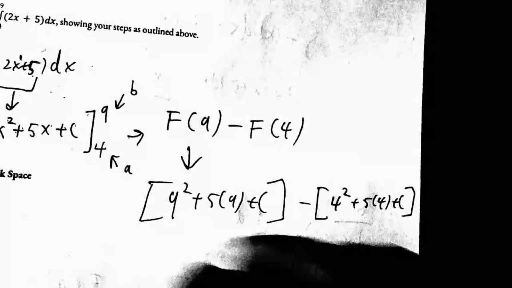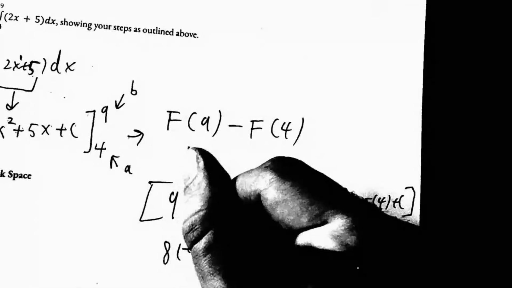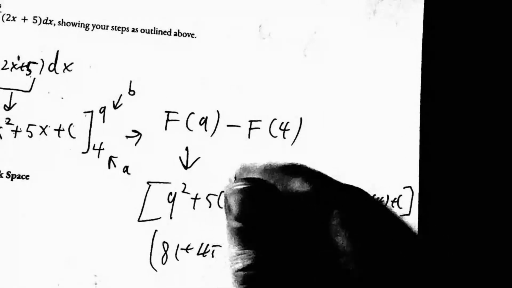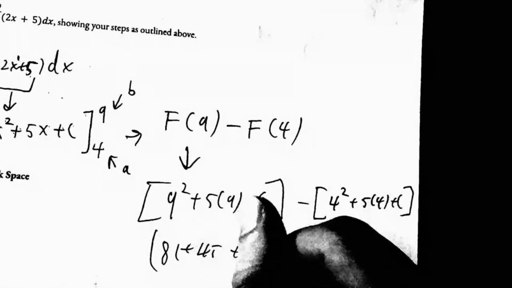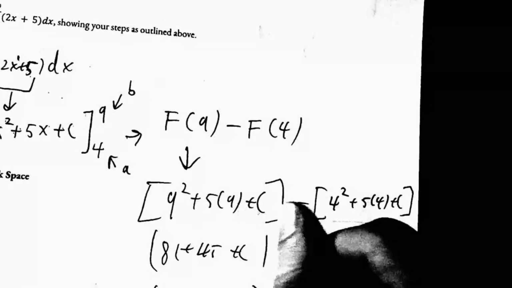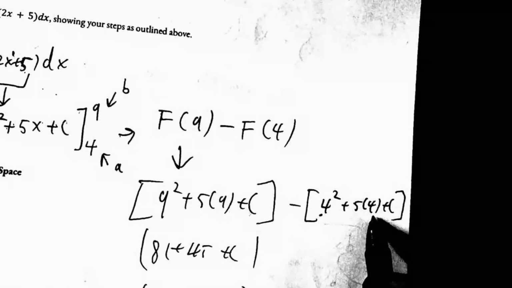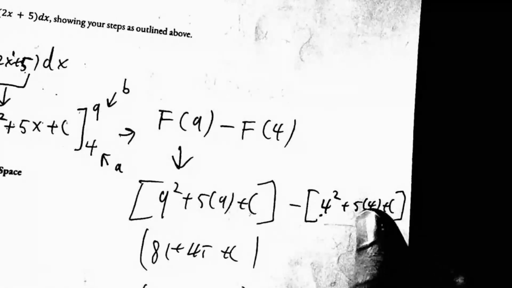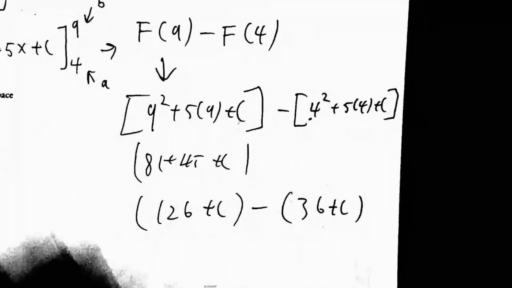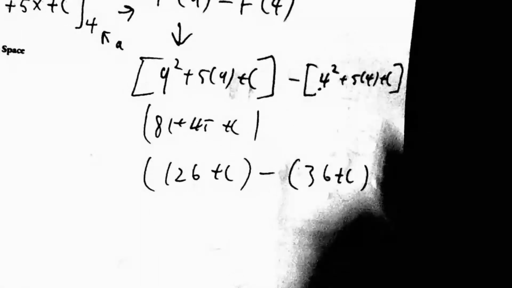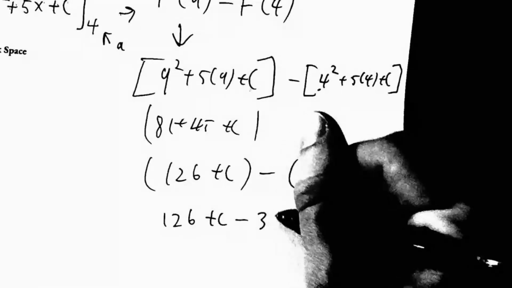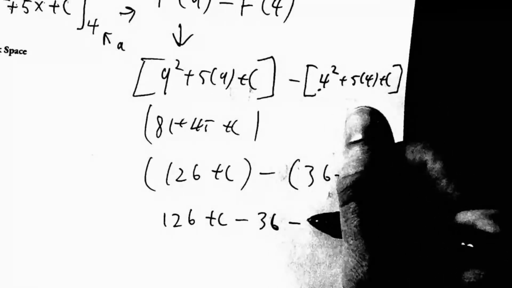So let's see, this is 81 plus 45 plus c. That is 126 plus c, minus, this is 16 plus 20, 36 plus c. Then if I distribute the negative, what this comes down to is 126 plus c minus 36 minus c.